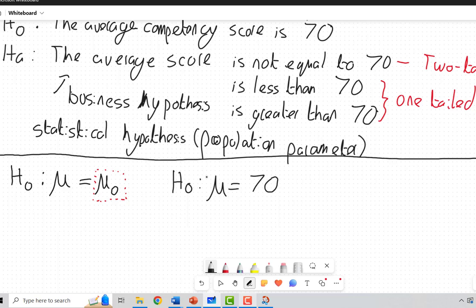What you don't want when you're defining a hypothesis is any sample values. I see even PhD students making these errors. You don't want to have an X bar in your hypothesis. That's not meaningful. We're making the hypothesis about the population, not about the sample. Now, again, going back to our two-tailed test, looking in both directions, we have HA: mu is not equal to mu 0.